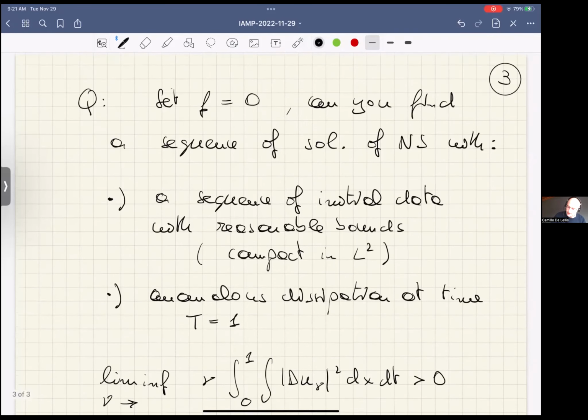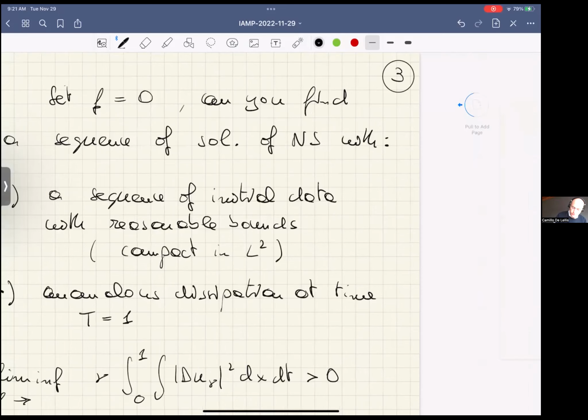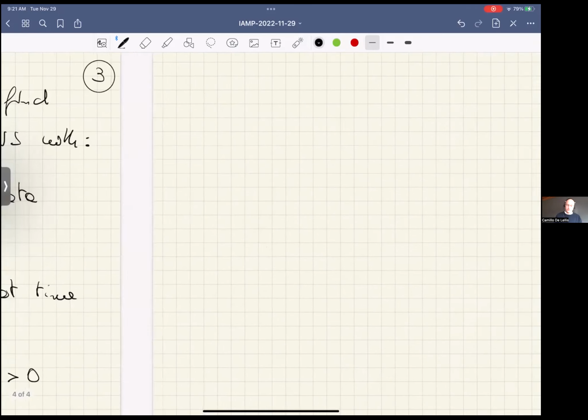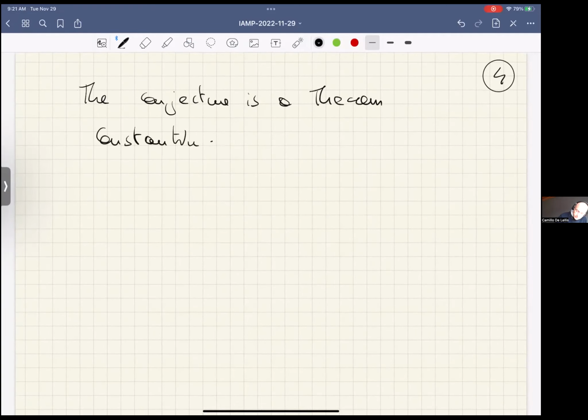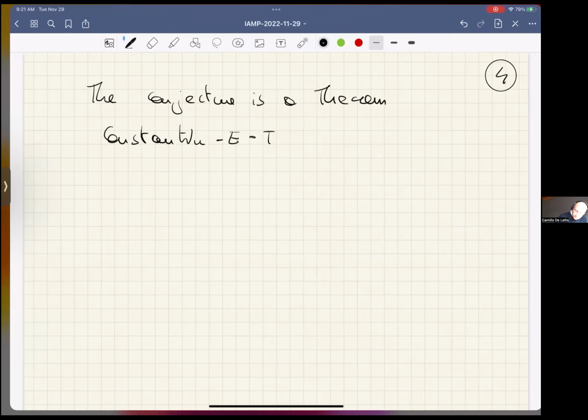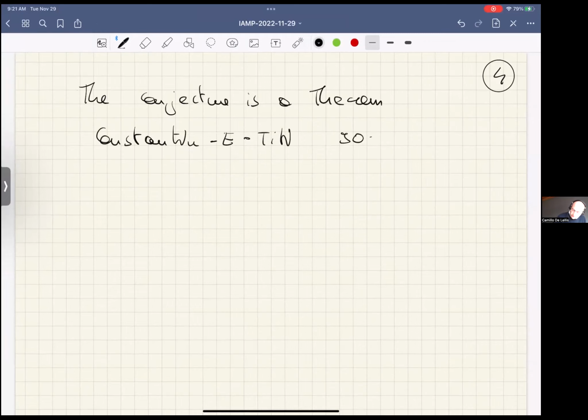And so this has been the subject of work in which Laszlo Székelyhidi was a part, and several other people. But so the conjecture was, so the conjecture is solved. So the conjecture is a theorem. And the positive part of the conjecture, so you actually need to be sufficiently irregular, was proved by Constantin, E and Titi in the 90s.